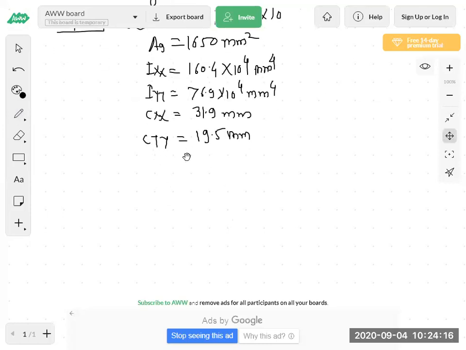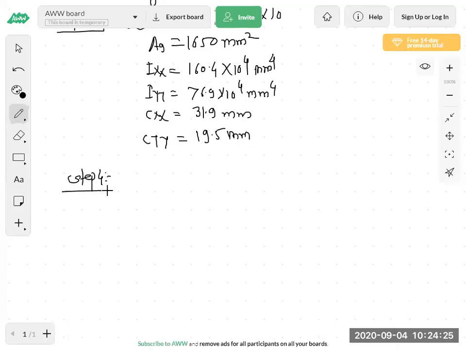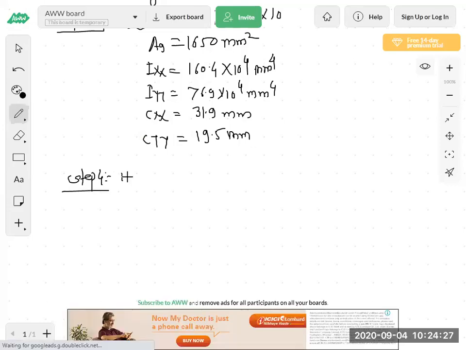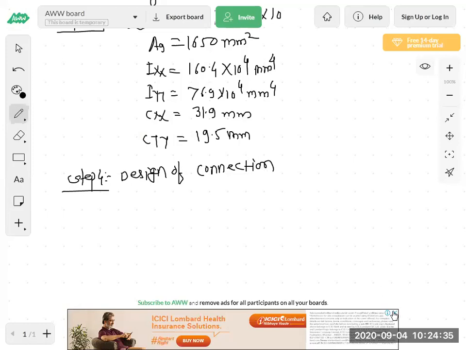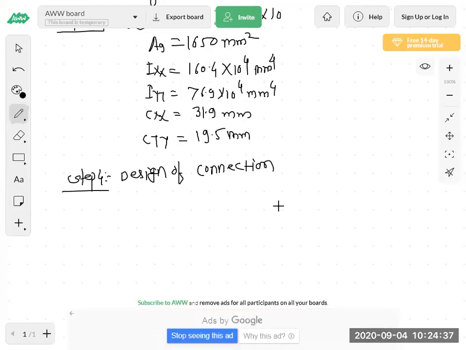Now step number 4, design of connection. They have told us to use bolted or welded connection, so either connection is allowed.